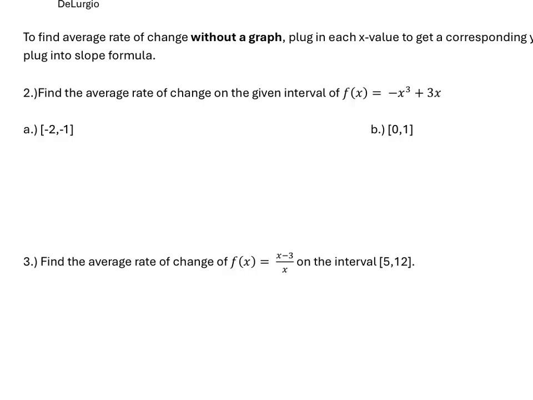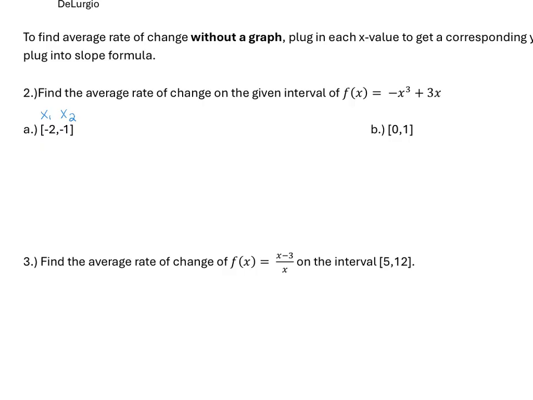For example, number 2 says find the average rate of change on the given interval of f of x equals -x to the third plus 3x. And then letter A wants us to find it over this interval from -2 to -1. So remember, these are x values. We'll call this x1 and x2. Then we want to find our y values that correspond to each of these.